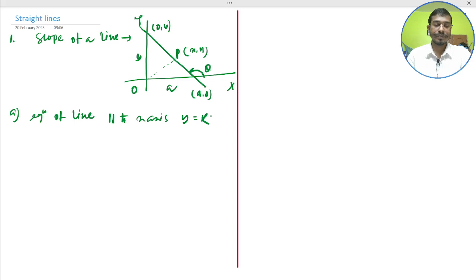Okay, so now the equation of a line parallel to the y-axis becomes x equal to h.